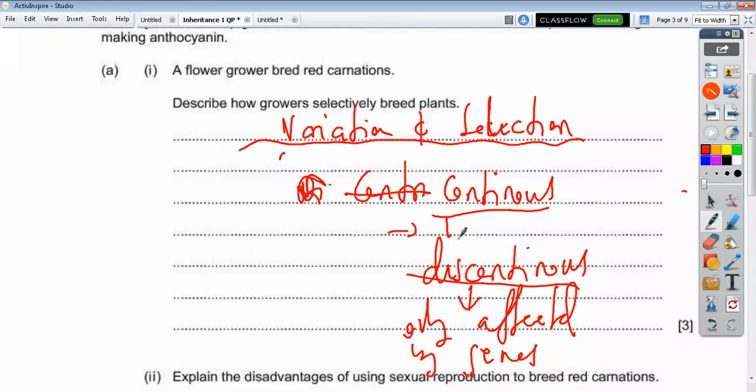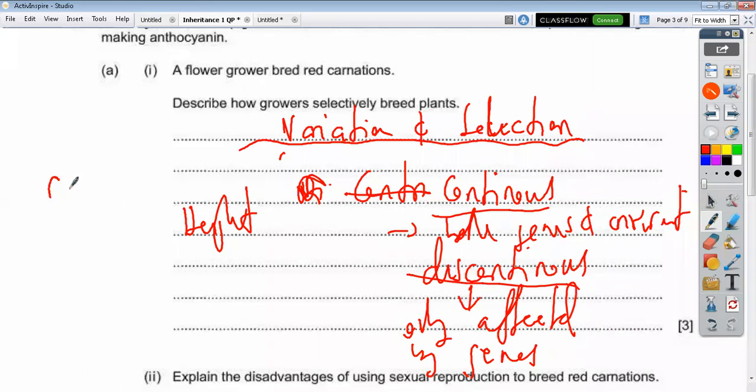This one, both genes and environment. What is continuous? Is height continuous or discontinuous? Maybe you don't know the definition, but you have an idea. Is height of a class continuous or discontinuous?